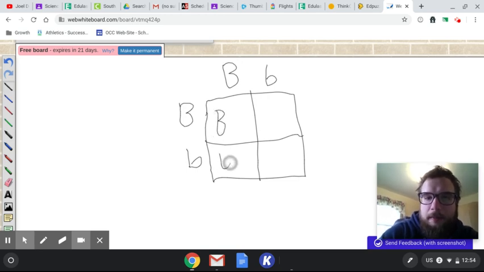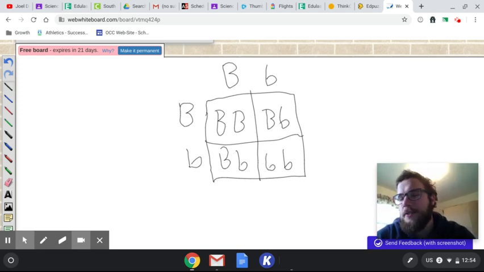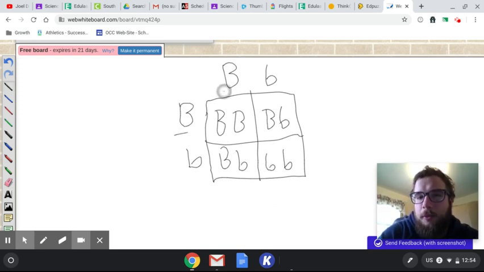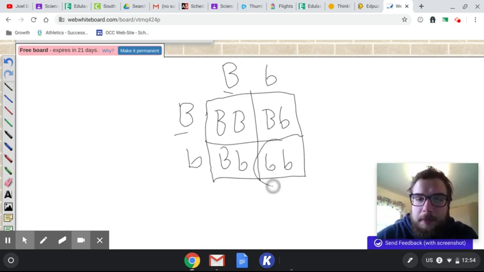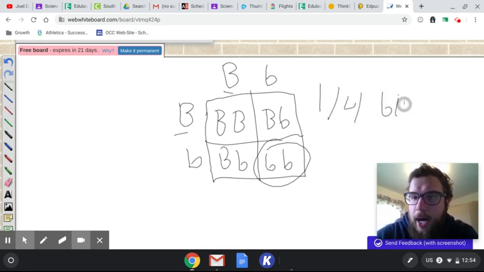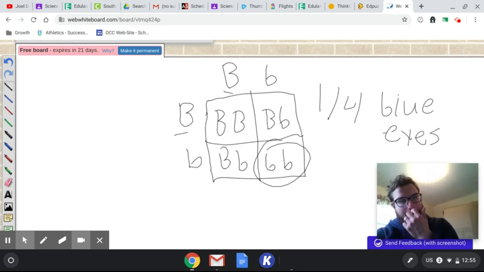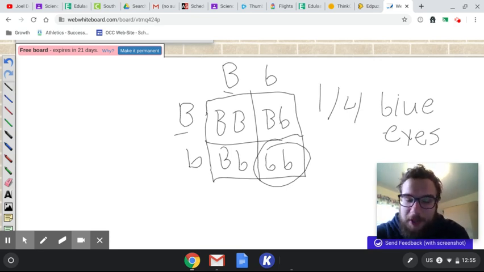Big B goes down, big B goes down, little b, big B goes over, and then little b goes over. So I can still have two brown-eyed parents, both have the dominant trait and therefore have brown eyes. But look at this. You've got a 1 in 4 shot for blue eyes in your offspring. So you didn't necessarily get adopted because you've got blue eyes and your parents have brown.